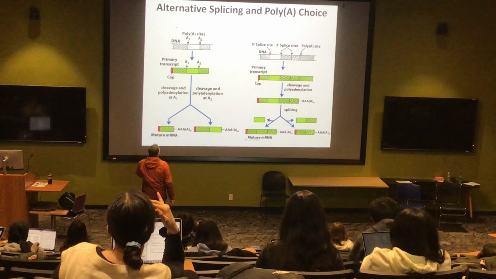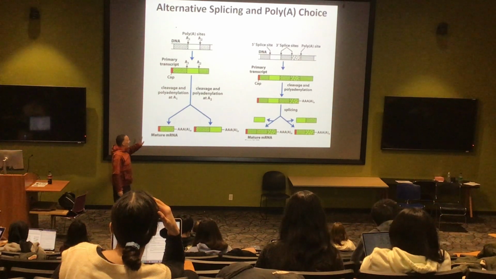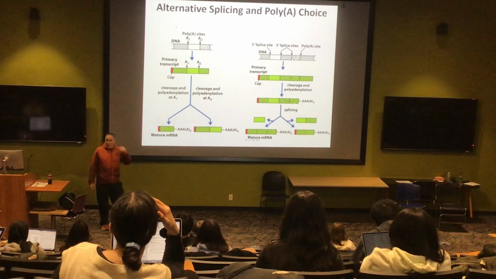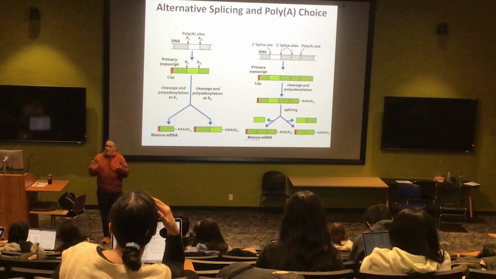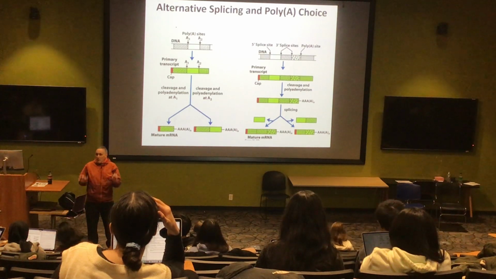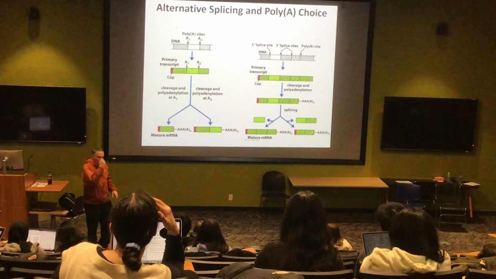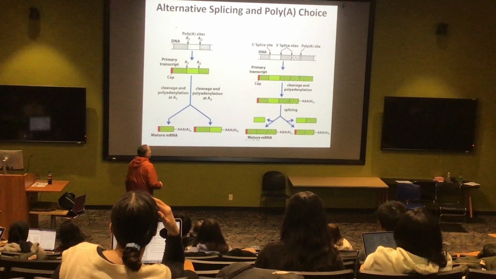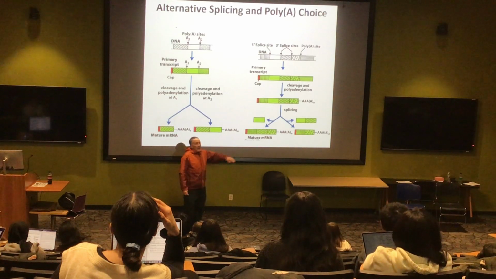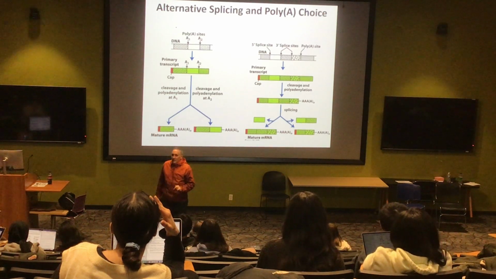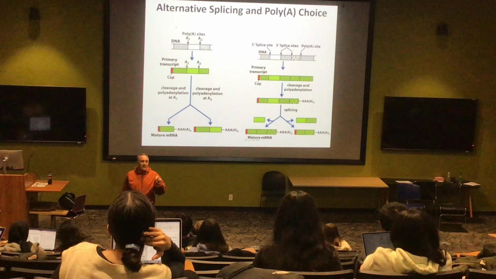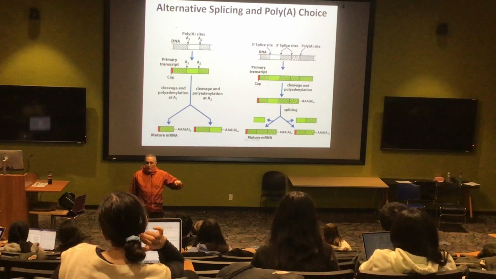There is a related phenomenon known as poly-A choice. Also in poly-A choice, you have a situation where you can make multiple versions of a protein using the same basic mRNA sequence. But in this case, it's not due to splicing. In this case, it is due to the presence of multiple poly-A sequences within the same coded gene.